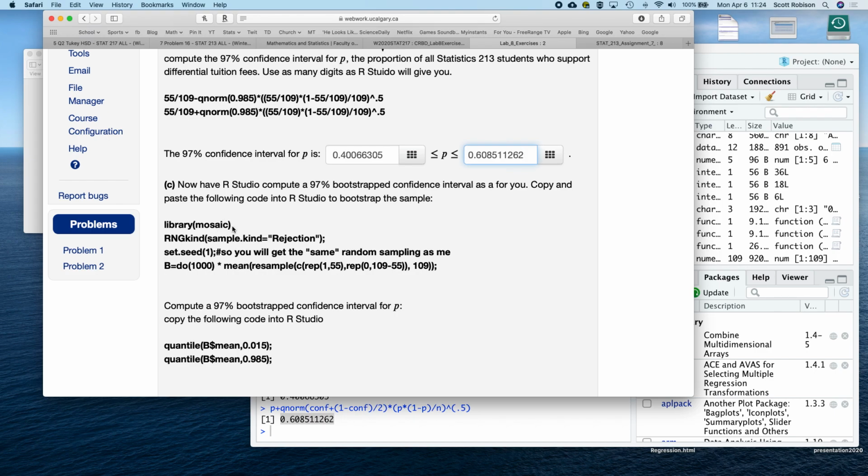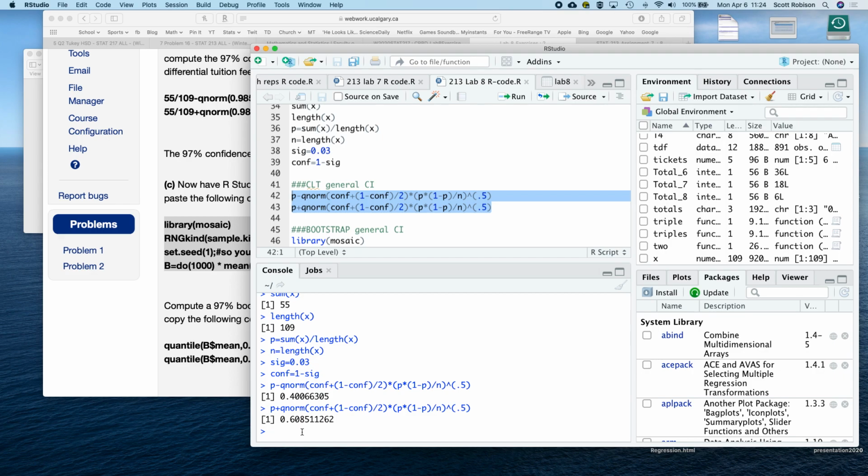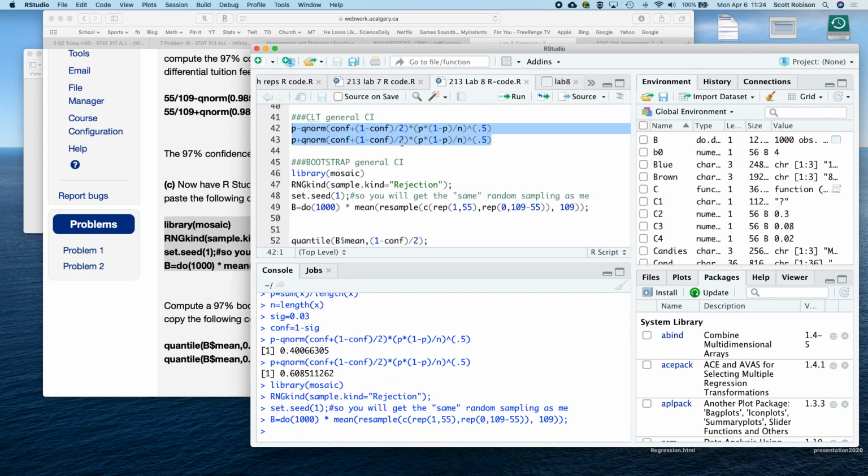But again, please have the Mosaic package downloaded, and then also use the code that is being provided to you, so that your version of R and my version of R both get the same randomized samples.